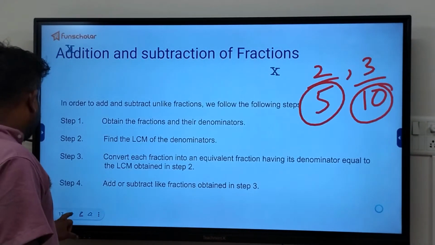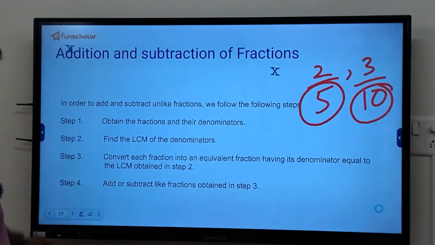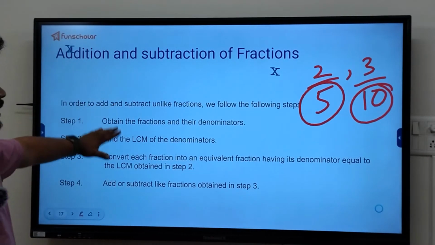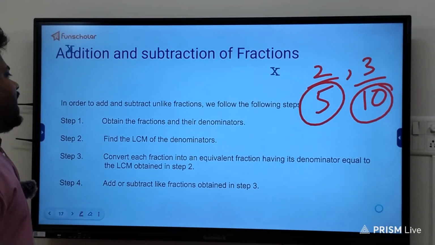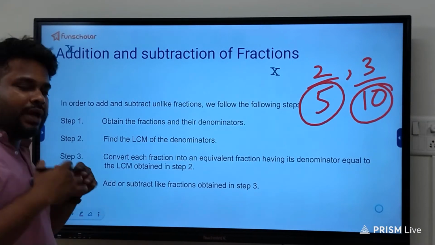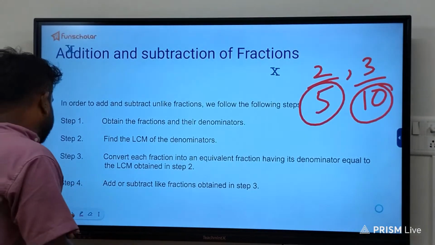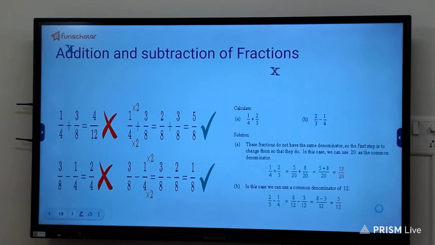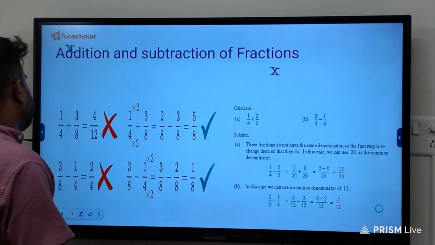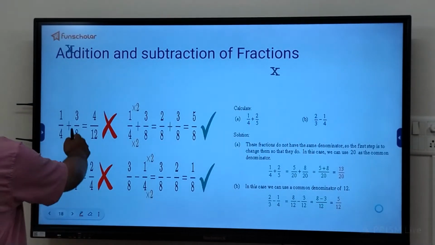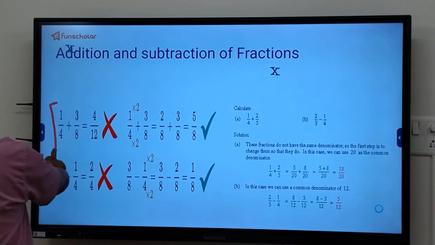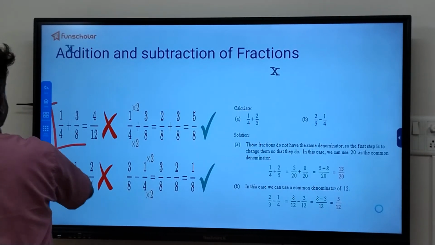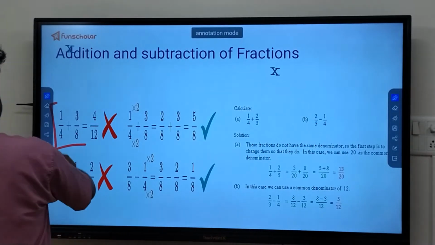You can read all the steps, and if you don't understand, we are going to solve it in real time. Addition and subtraction of fractions. These are small mistakes most students make.